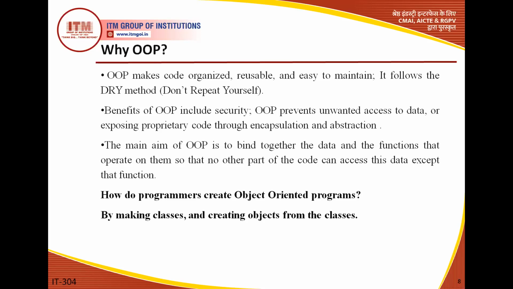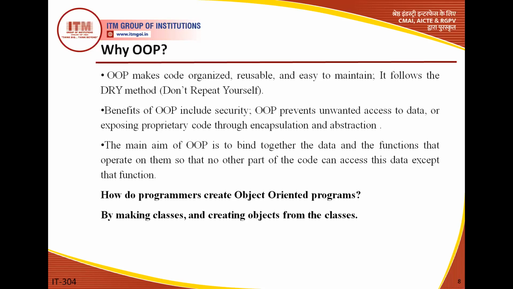Let us understand this with the help of a real life example. If you belong to a family, you have full right to access all the things present in your house. But any outsider who comes into your house does not have any right to access anything without asking.